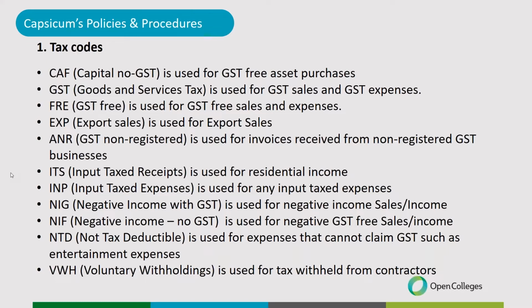They will pay rent to us, even though our business is registered for GST. We can't charge them GST because as an individual, they can't claim the GST. So they will pay the rent, but it's supposed to be including GST, but we can't express GST in there. So those residential income will have the ITS, input tax receipts tax code.